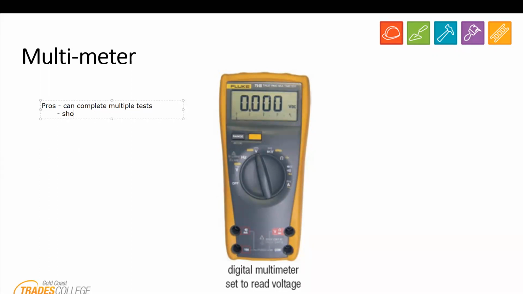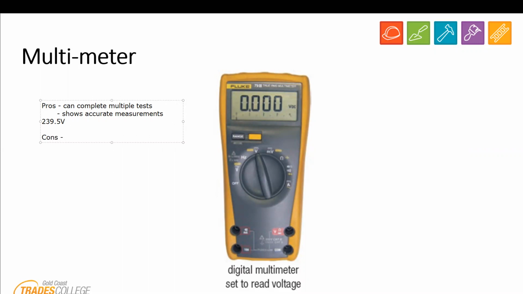It shows accurate measurements. For example, it may show 239.5 volts. That would be an accurate measurement that this type of meter can give. There will be more pros and cons than I'm just listing, guys. I'm just giving you a few because I know your assessment will ask for them, plus the major ones.